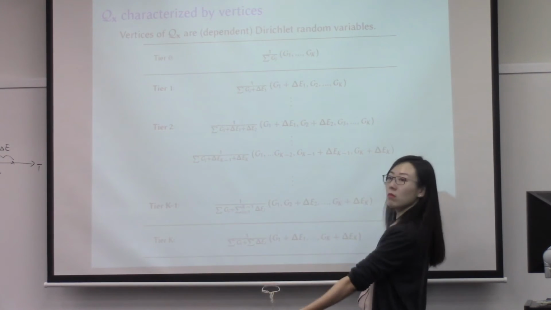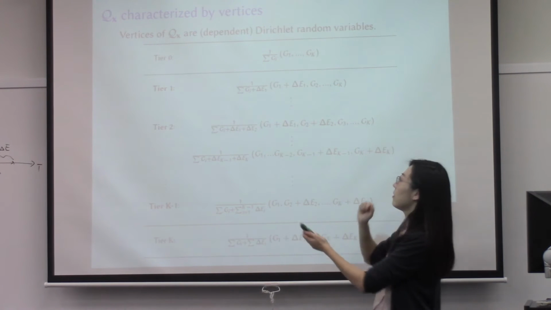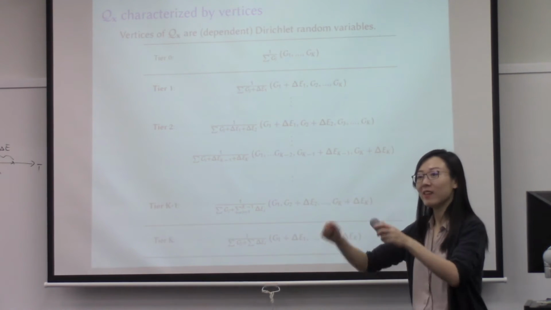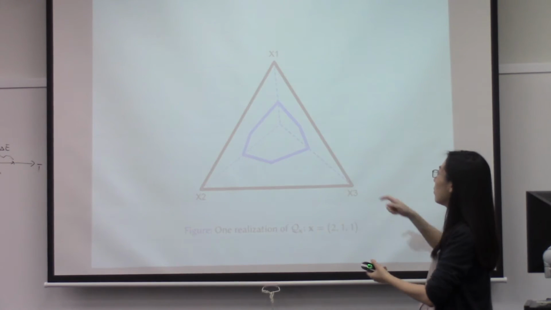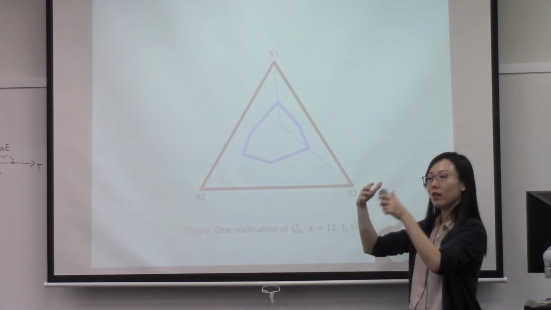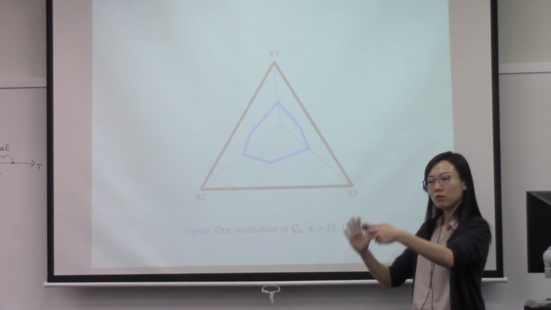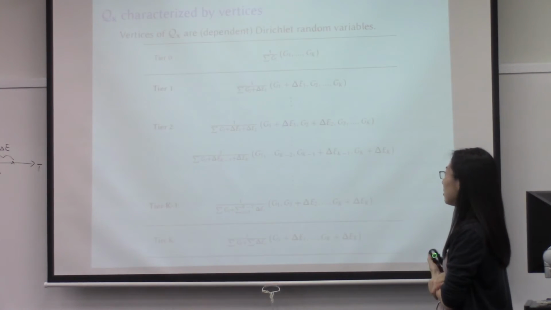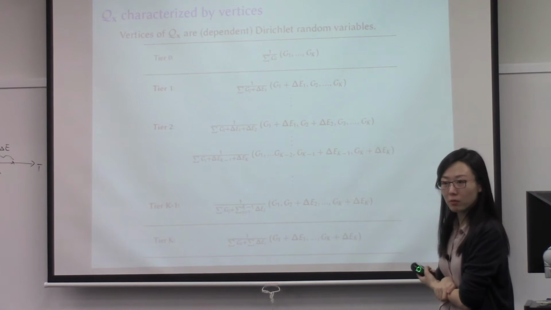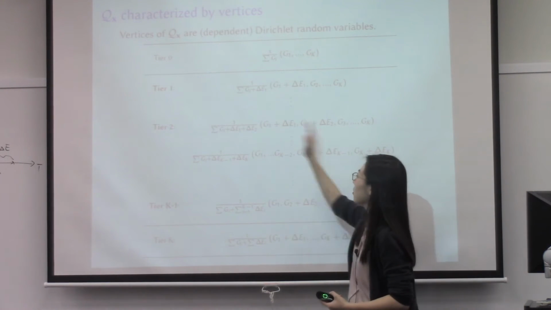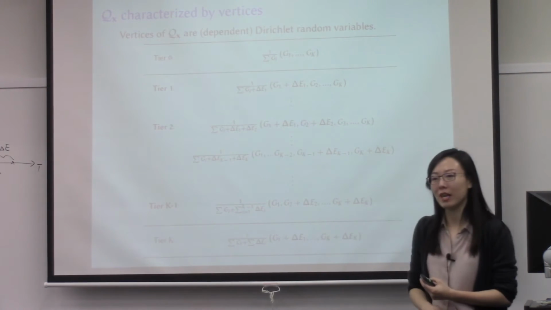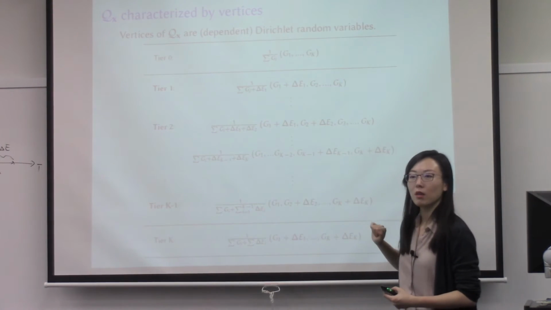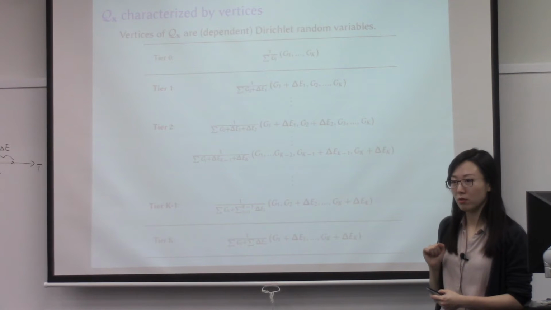But all of them are distributed in this very intricate way, such that they're all marginal Dirichlets, and they have a joint distribution that will always give a very nice, convex and closed set, taking the shape of a polygon. And this is exactly why we can draw from them precisely, because we can just sample a whole bunch of gammas and delta e's and plug them in, and that gives us the distribution of the vertices.